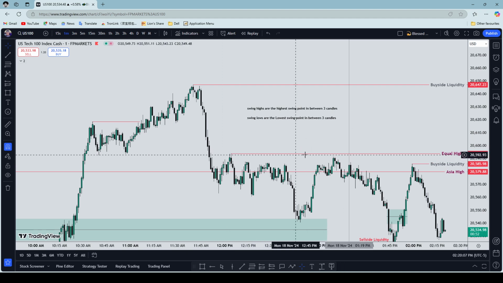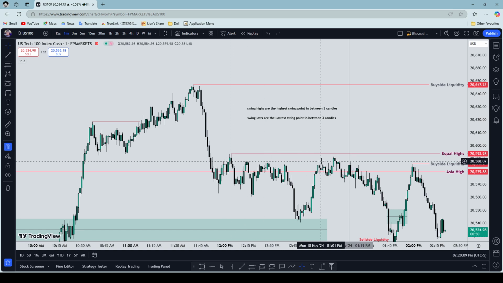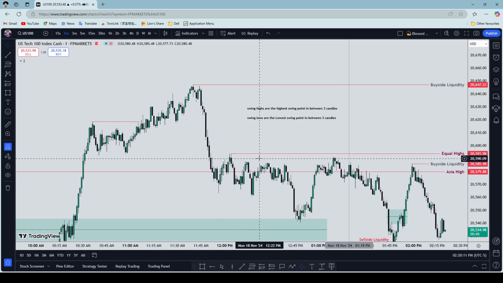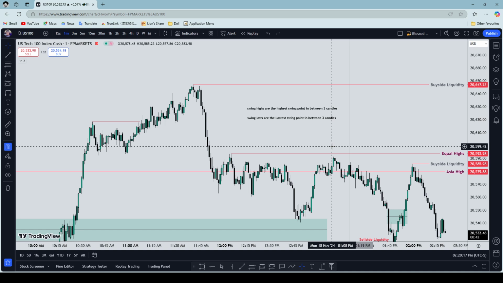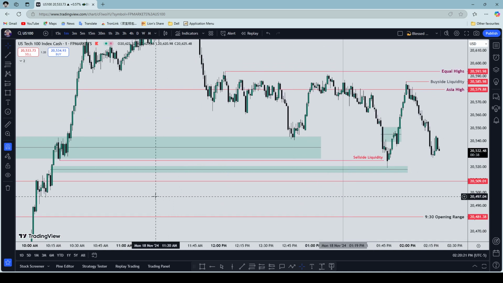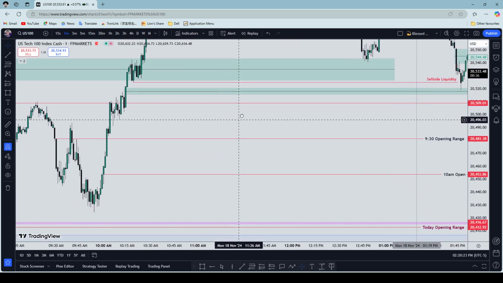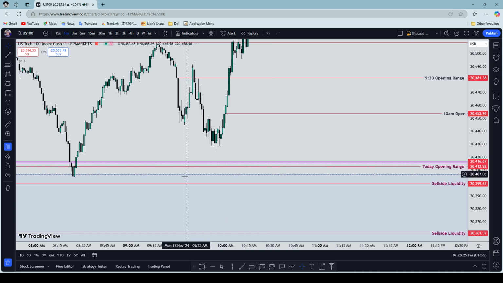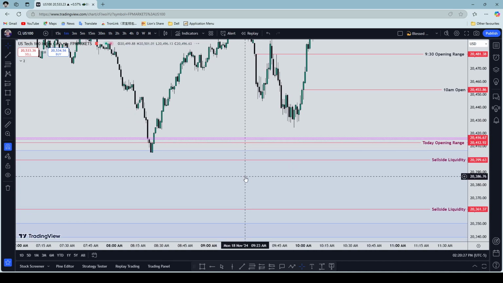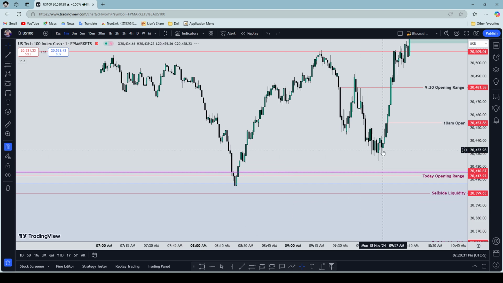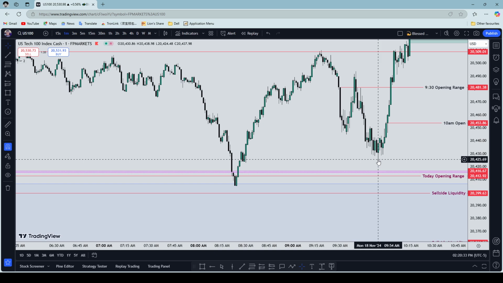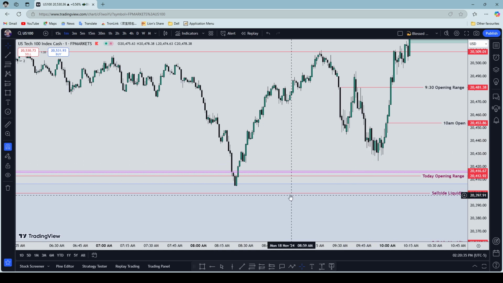Swing highs that are in close proximity with each other, like this, they are called what? Equal highs or relatively equal highs. So those are the things. So I'm looking to see if I can find an example of an equal low. This is not really that obvious, but if you look at this one, two, three, this is a swing low.